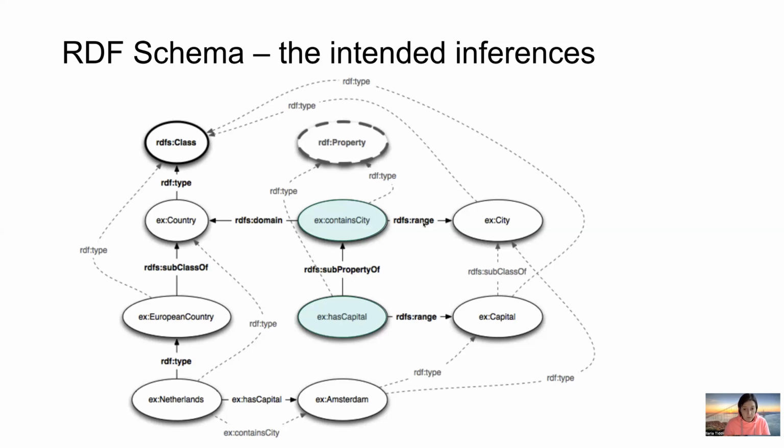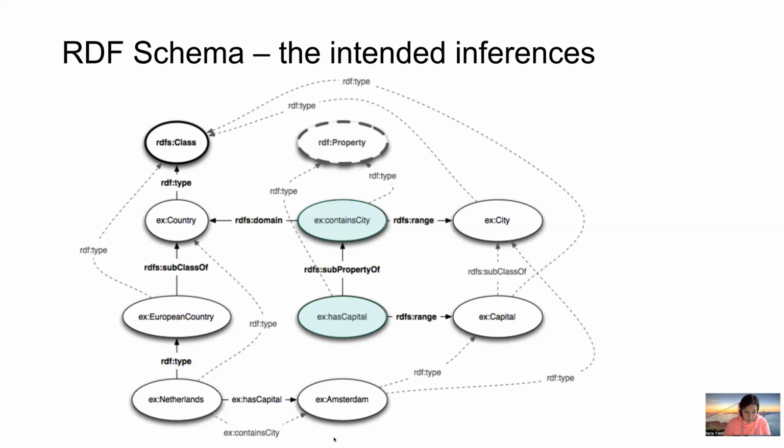You can only express range and domain on properties, never on classes. This means that by defining contained cities and has capital as properties that have a range and a domain, you can automatically infer that these are instances of a property.